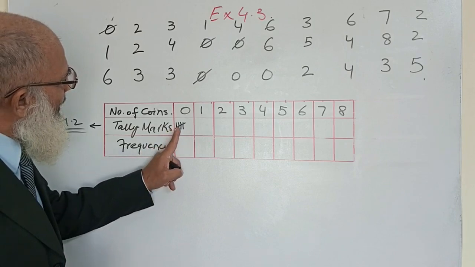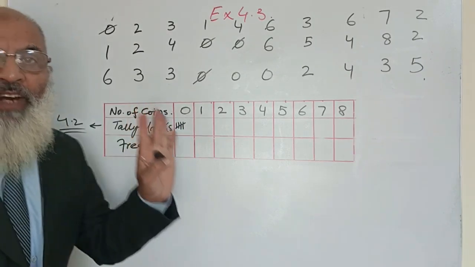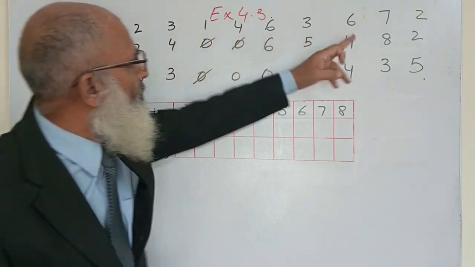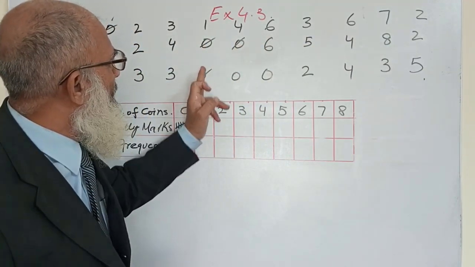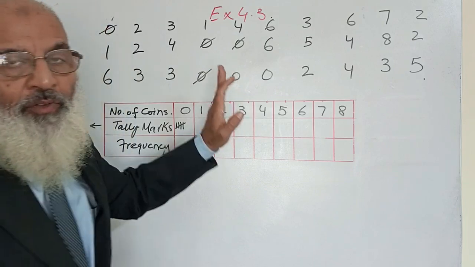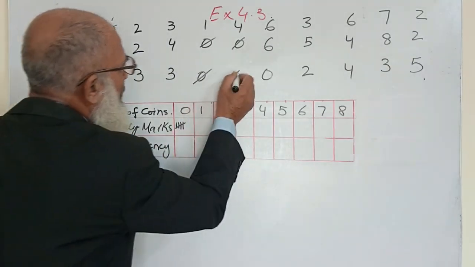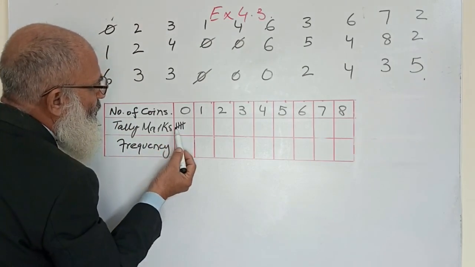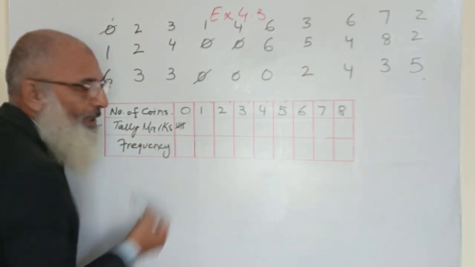It means that you have counted 5 zeros. You have counted how many zeros? 1, 2, 3, 4 and 5. For 5 zeros, you will cross 4 lines in this fashion.